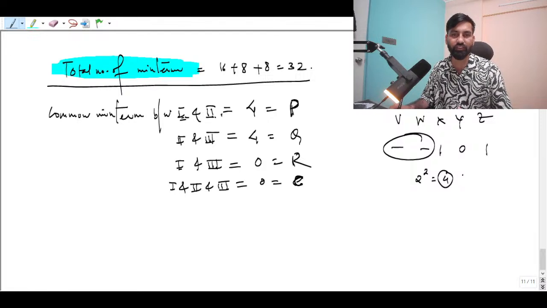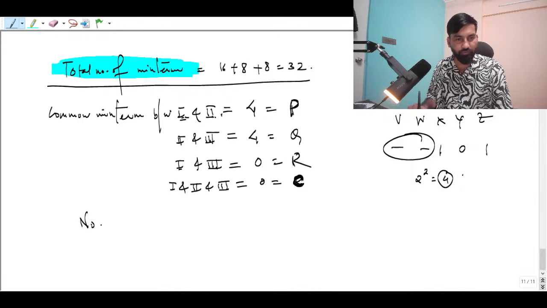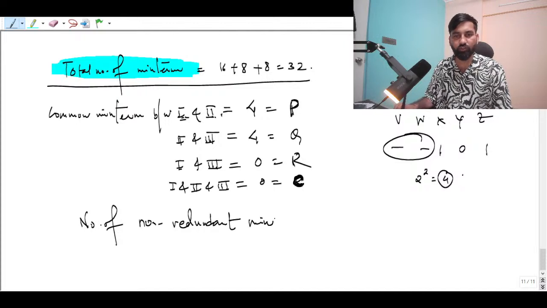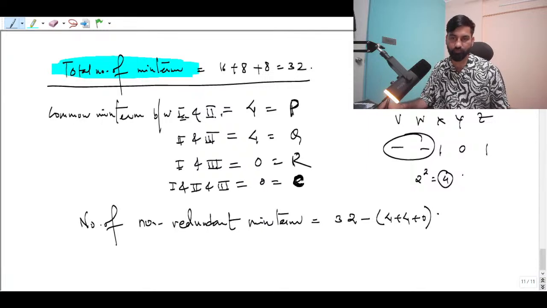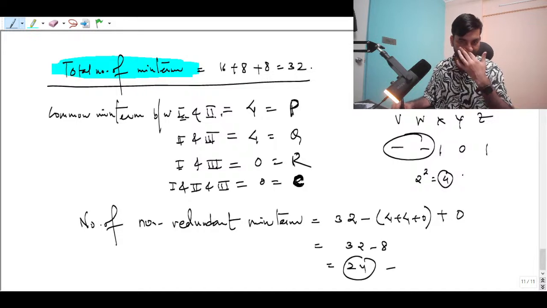You can say this is c. Now the number of non-redundant minterms is going to be the total, that is 32, minus the common, 4 plus 4 plus 0, and the common among all that you have to add, that is 0. So the answer will be 32 minus 8, which is nothing but 24. So the answer for this question is going to be 24.